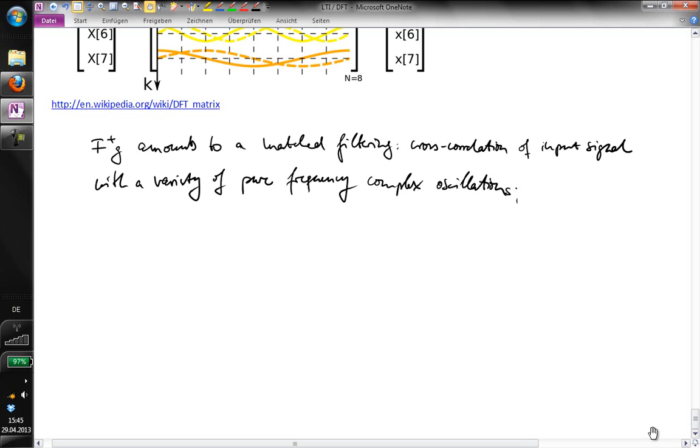So in a way, the Fourier transform tells us how much of a complex oscillation of a given frequency is in our signal and at what phase shift.